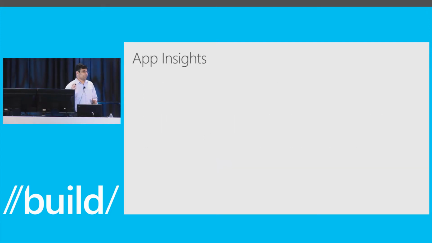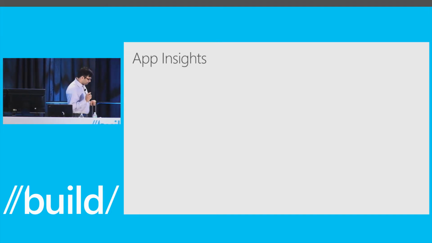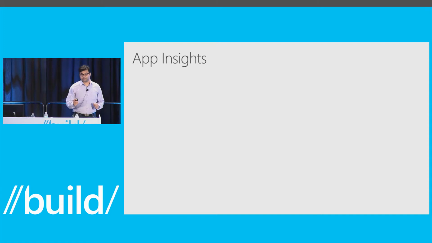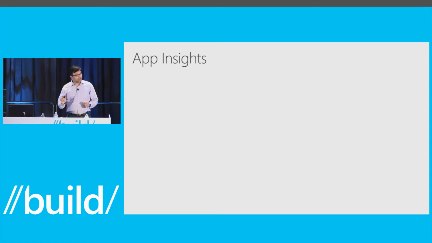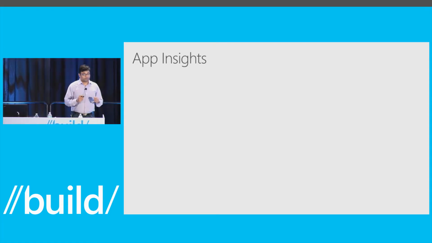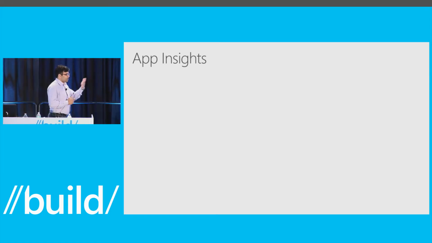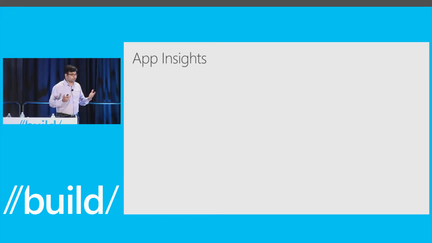Now let's talk a little bit about App Insights. As a developer or as an enterprise, one of the biggest things that is important is to understand how your application is actually being used, right? Which features in the application are being used by the consumers, by the users?